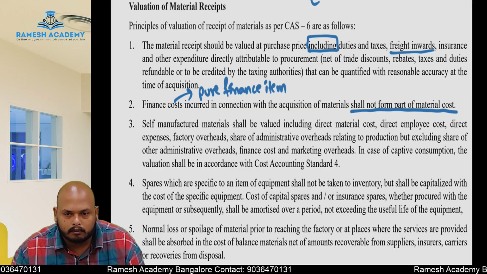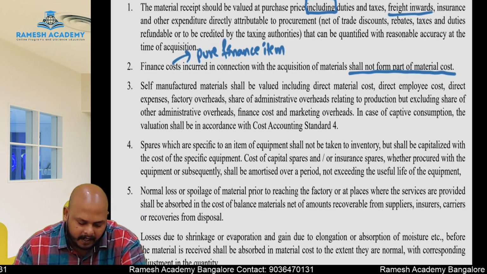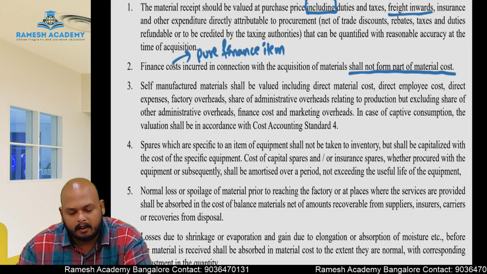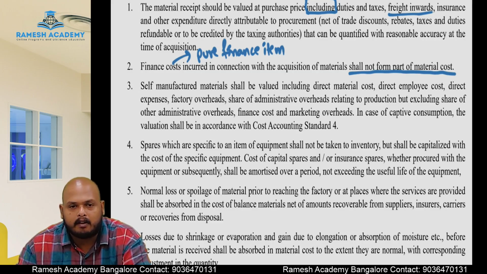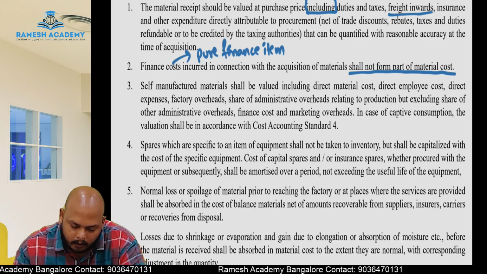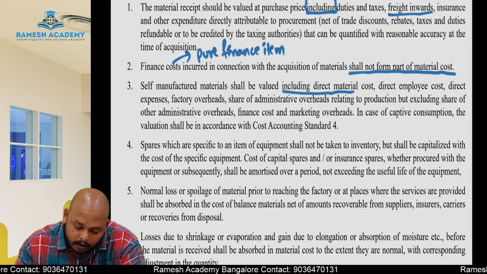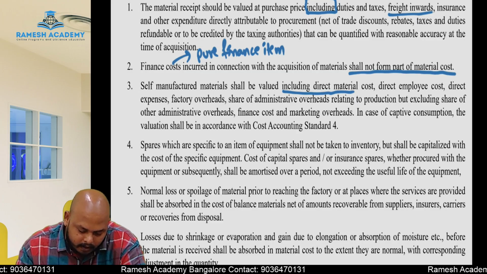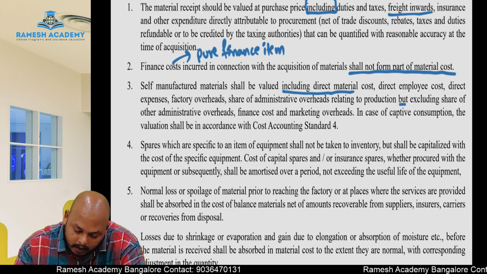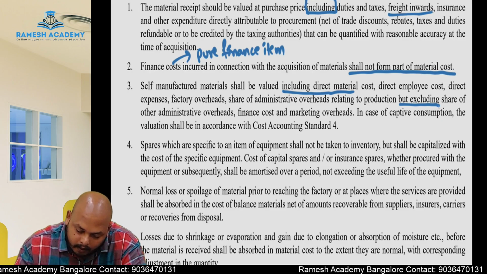Next one. Self-manufactured materials. Self-manufactured materials means what? Sometimes, instead of purchasing the raw materials from the open market, we manufacture the raw materials ourselves. Nana. Self-manufactured raw materials shall be valued including direct material cost, direct employee cost, expenses, factory overheads, share of administrative overheads relating to production, but excluding share of other administrative overheads, finance cost and marketing overheads.